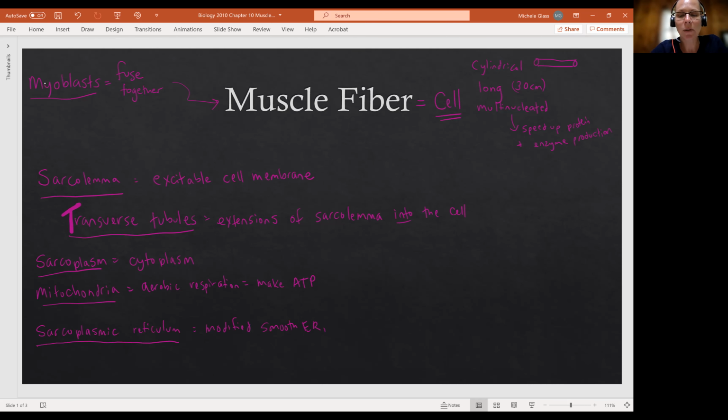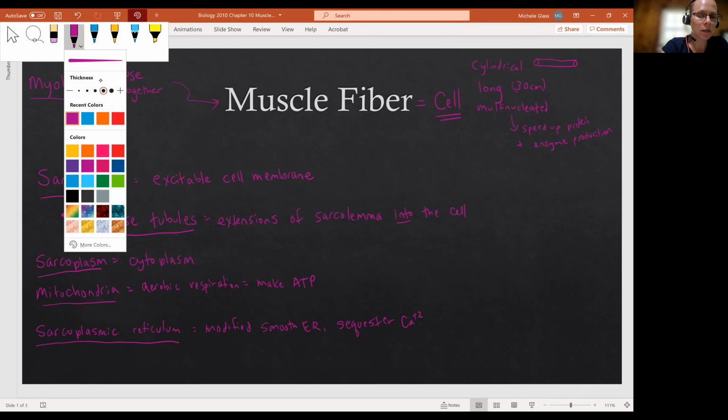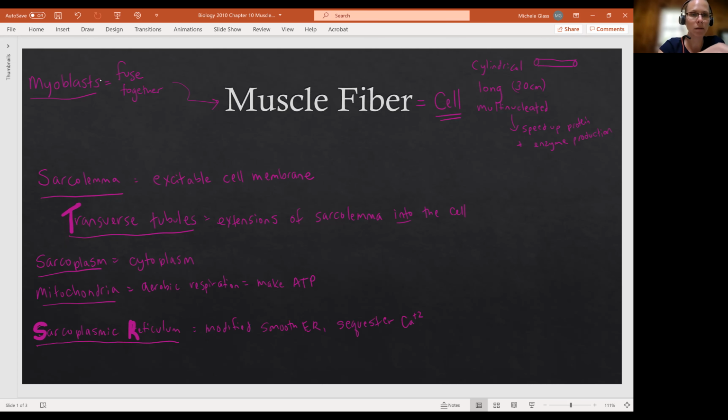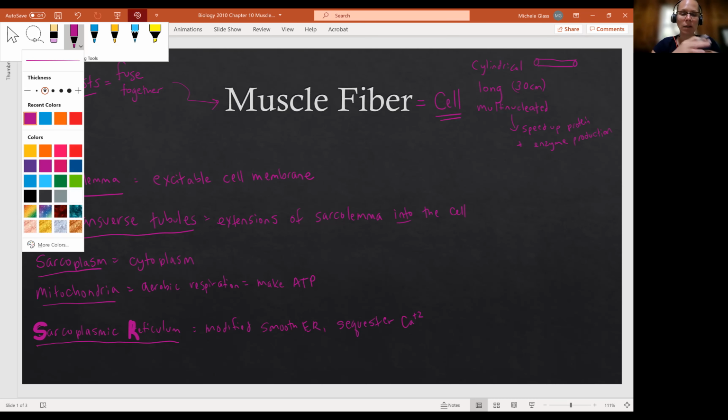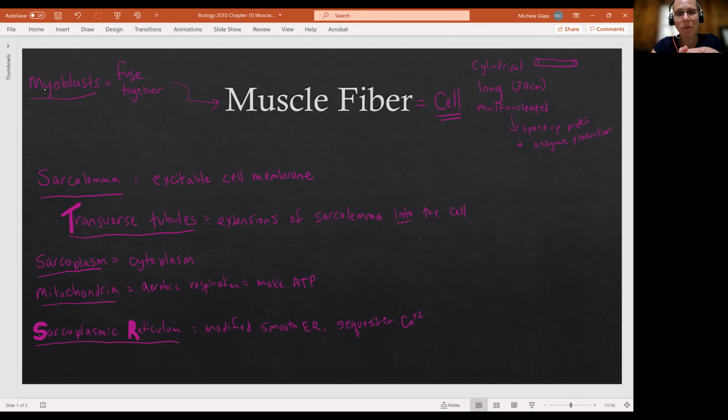And its key job is going to be to sequester calcium ions. So sarcoplasmic reticulum can be abbreviated SR. This is a modified smooth endoplasmic reticulum, which we talked about in chapter 3. And its job is to sequester calcium ion.